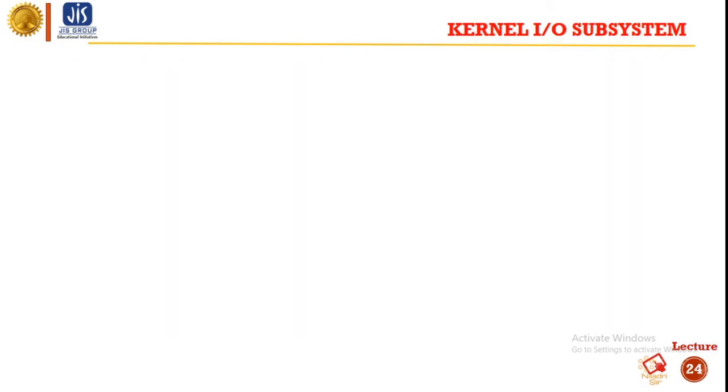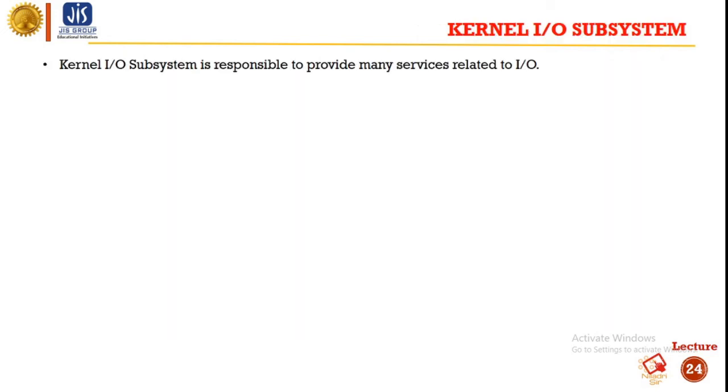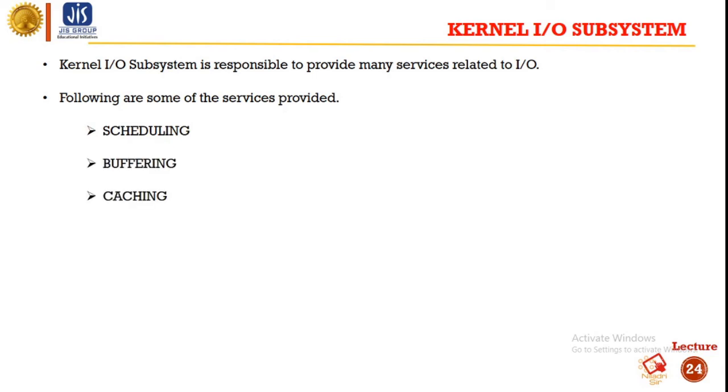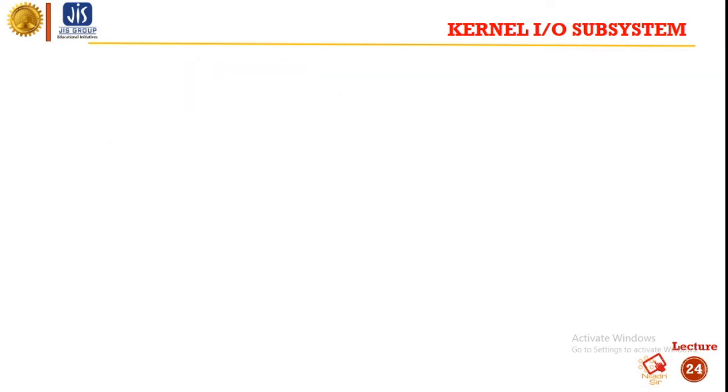Now, what is the kernel I/O subsystem? The kernel I/O subsystem is responsible for providing many services related to I/O. Following are some of the services provided: scheduling, buffering, caching, spooling and device reservation, and error handling. Now, what is scheduling?